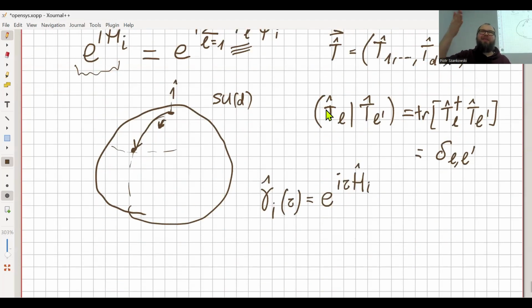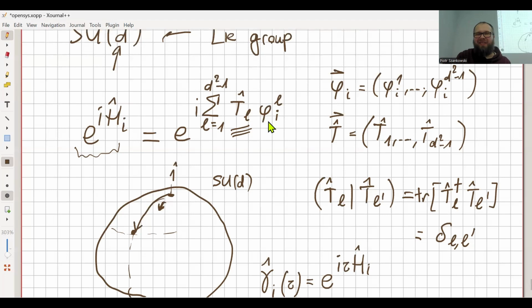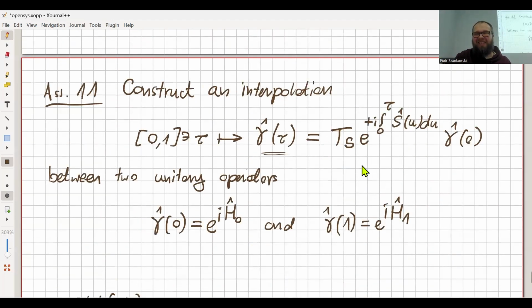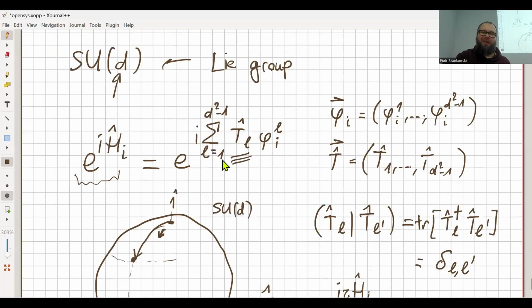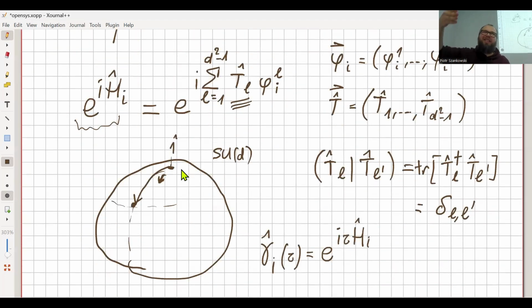Now you can have a path that swivels around, right? But to do that, this guy here would have to change in time along the path. So this is the most general form of a path on our SU(D). Because generators are a basis, you can decompose any Hamiltonian in this basis, and the coefficients of this decomposition are actually those phi coordinates.